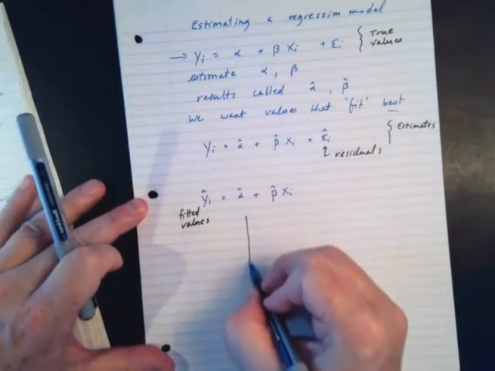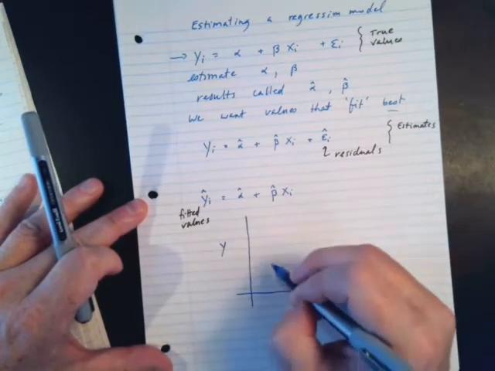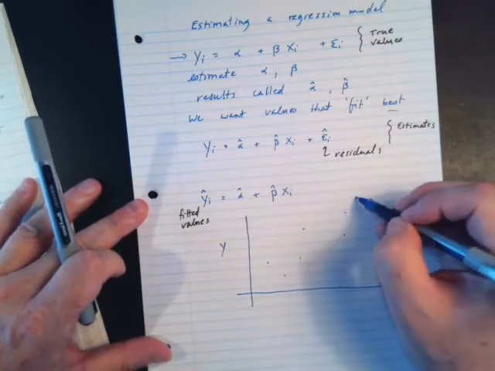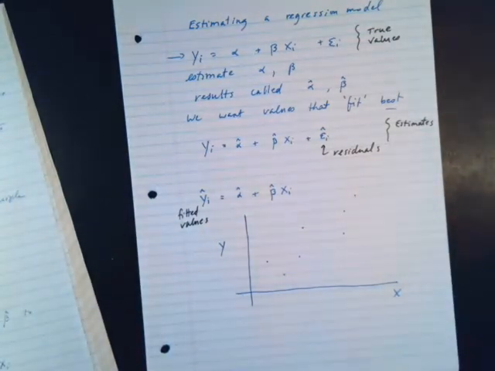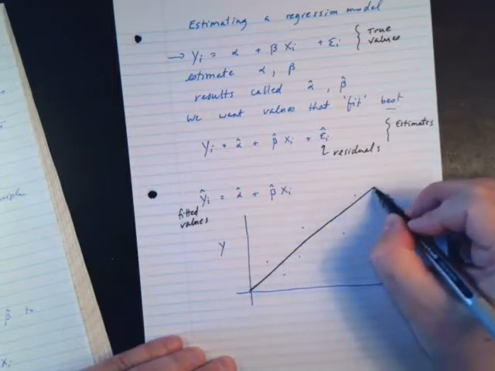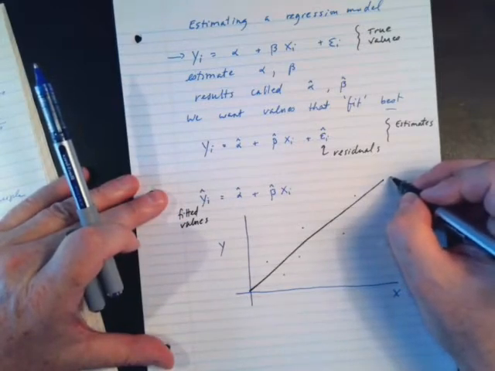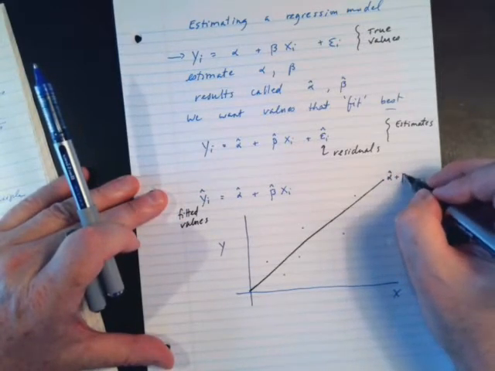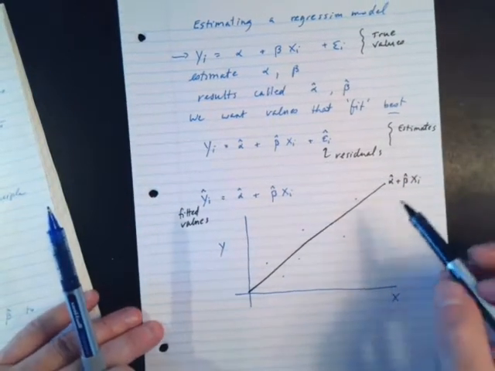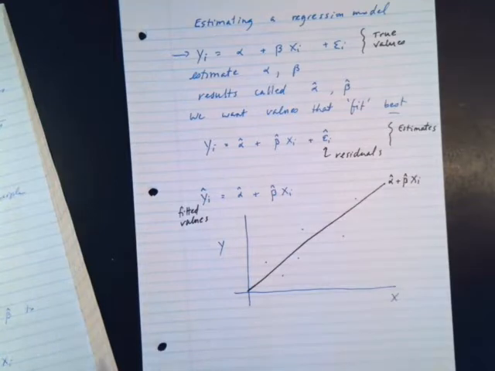So let me just draw a little picture here. So we have x down here, we have y up here, and we have a few data points. Okay, and you can imagine we're going to put a line through the data points. So that line is alpha hat plus beta hat times x. So it's a linear function. So the fitted values are the values of y that lie right on the regression line.